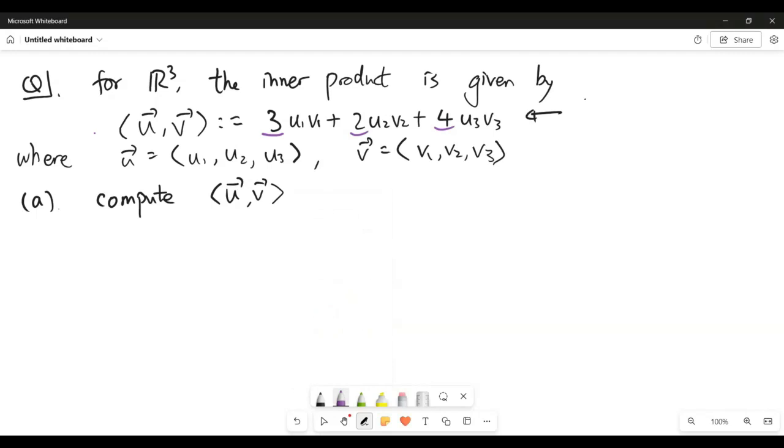But still, let's use this inner product on our R3. Are you able to compute the inner product of u and v? We can do it together. So now let's try some computation exercise. I think the answer must be like this.